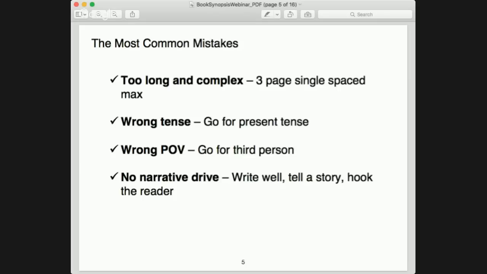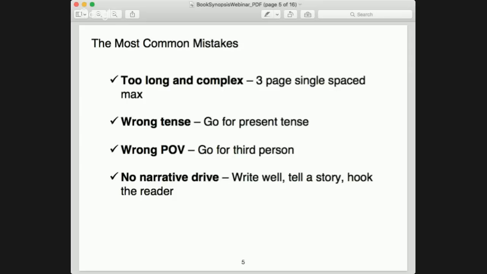In order to have narrative drive, you need to write well, tell a good story, make a good argument. If it's nonfiction, you need to hook your reader. So it is not just a recitation of facts. That's the big thing. You are not just reciting what the book is about. You're really trying to entice the reader and pull them into your story.